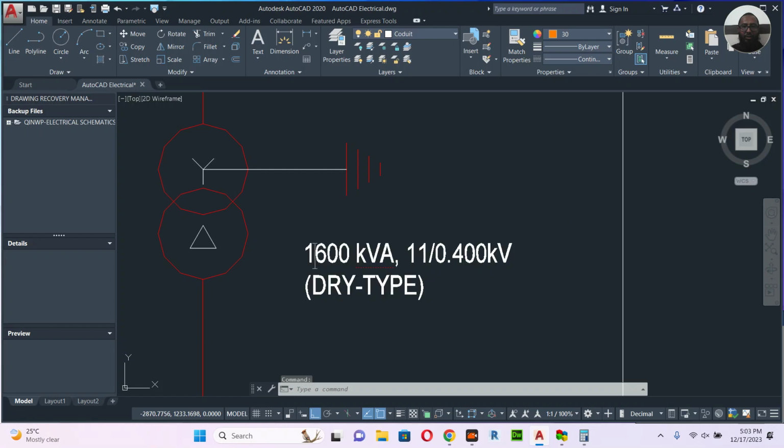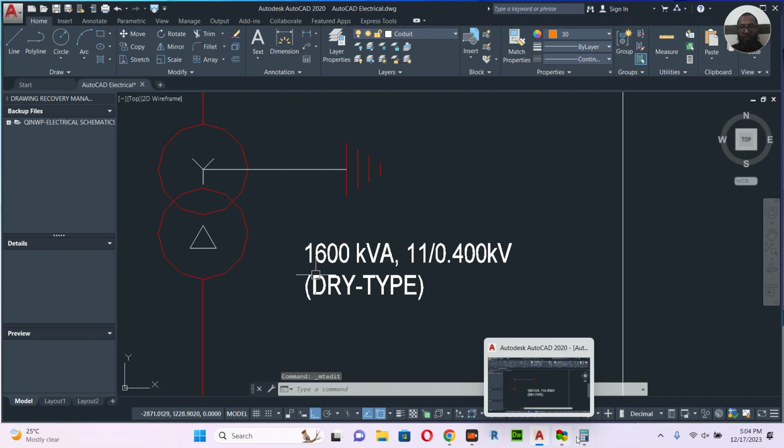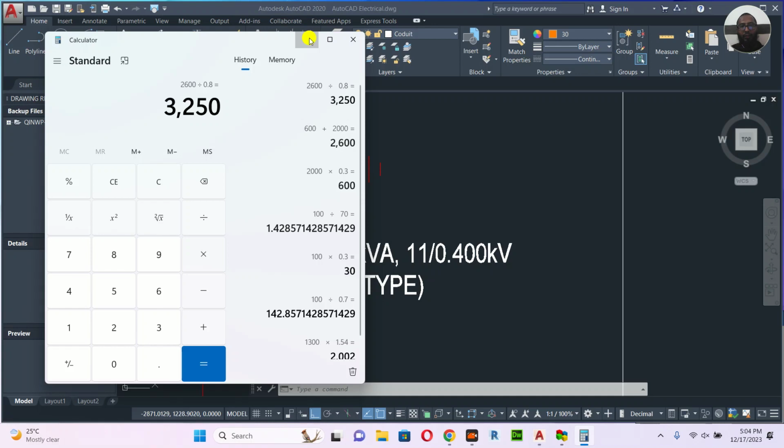So I need 2600 here. Oh no, if 2600 there, we have to divide this one. I think I gave 0.8 power factor. So it's coming almost 3250 kVA, right? Yes. So if I have watts, let me think.